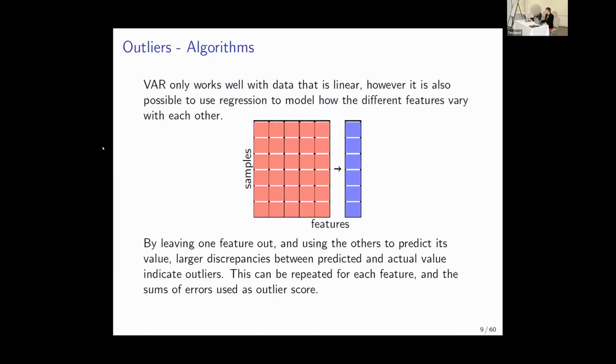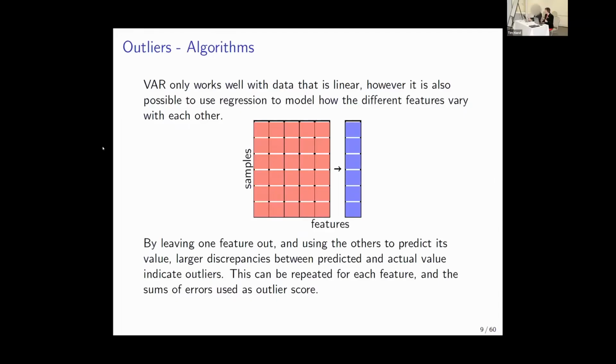However, it is also possible to use regression to model how the different features vary with each other, by leaving one feature out and using the others to predict its value. You can do this on a whole data set depending on how big it is, but it scales pretty well to big data sets.